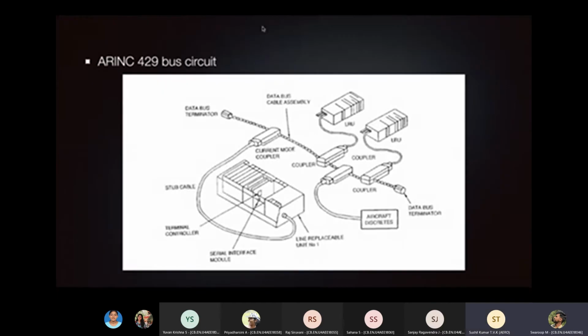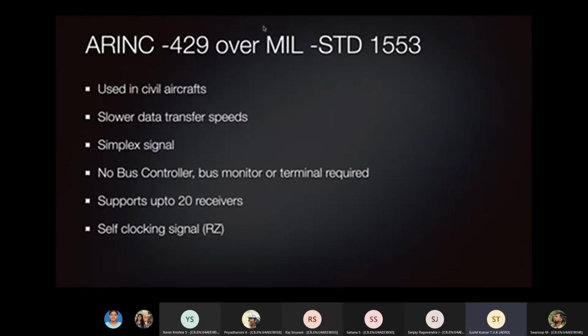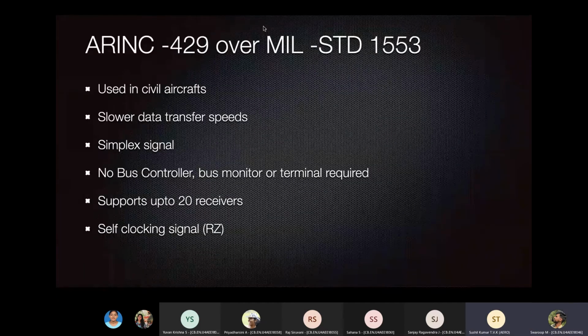Next is a basic circuit. We can see that ARINC does not have any controller, monitor, or remote terminals. As we can see in the figure, the twisted wire is the main data bus, from which the 20 devices can be connected. Since it's very much the same as 1553, let's look over some differences.